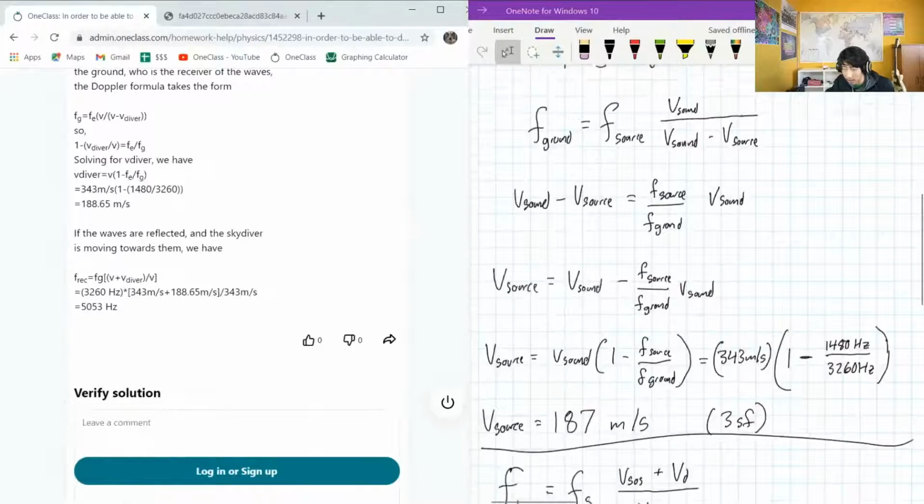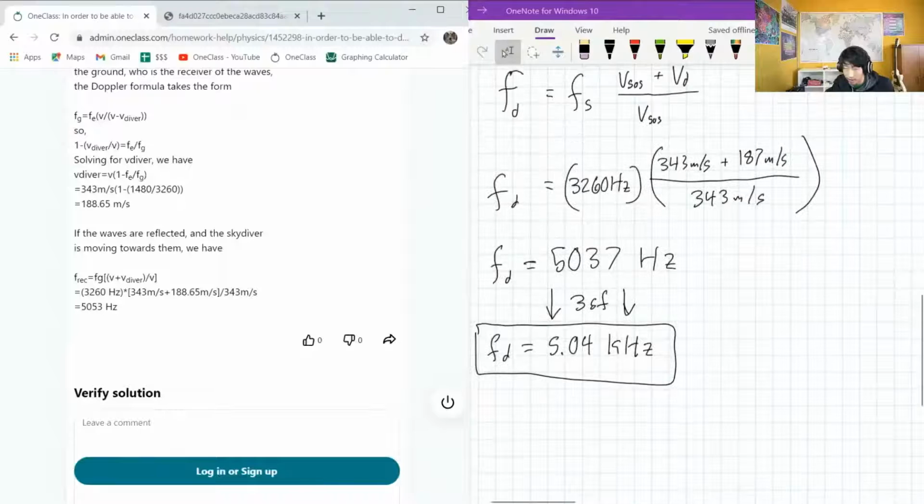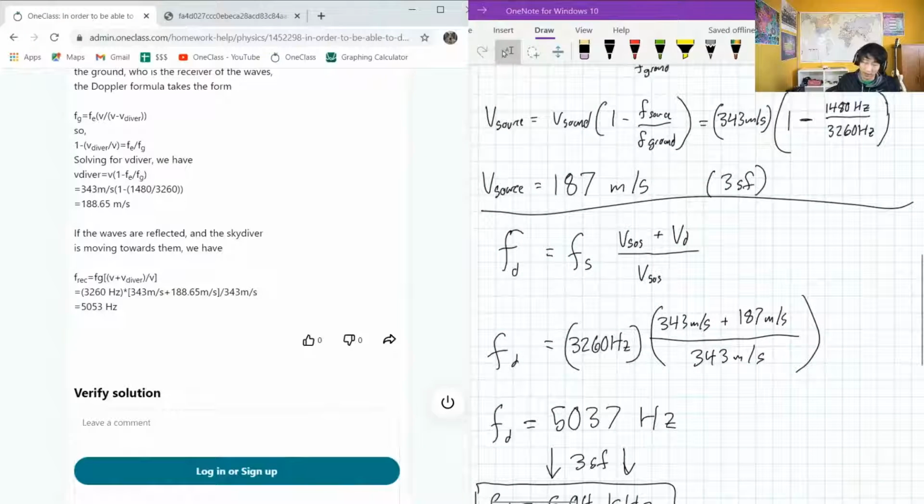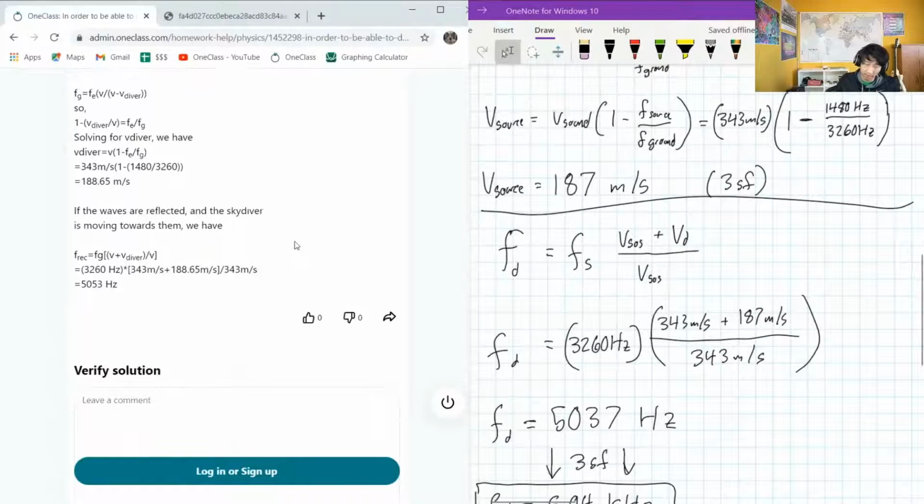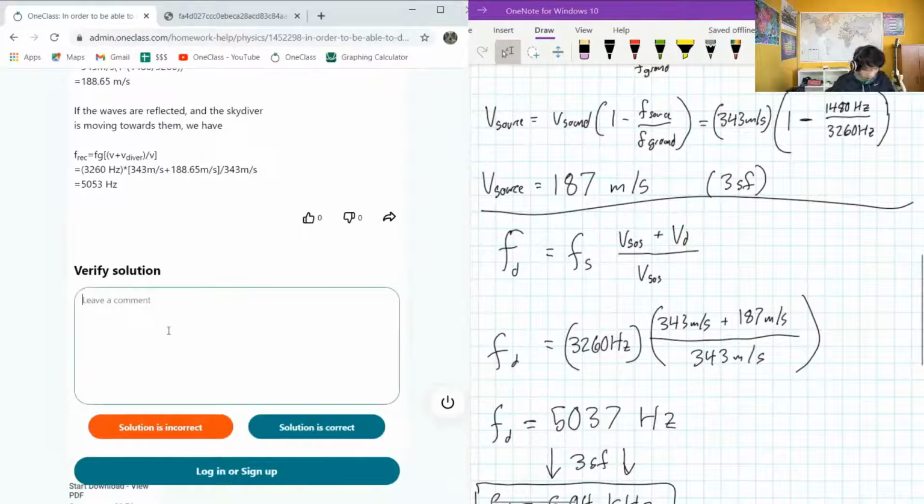We came to very similar calculations. Really, it's just going to be rounding errors, so these will both be acceptable as right. But yeah, okay, cool. So the solution is good.